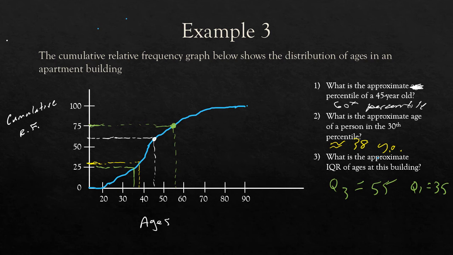The IQR is Q3 minus Q1, and that is 55 minus 35, so the answer is 20. The IQR, folks, is 20. Okay, please don't mix that up. I guarantee that'll be an answer choice on the test that says 35 to 55.